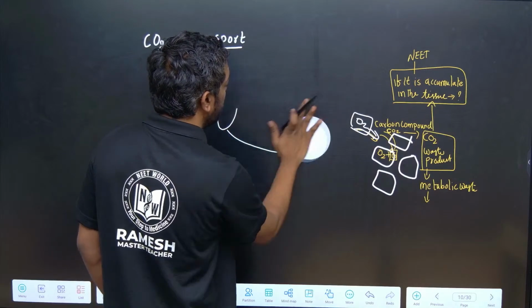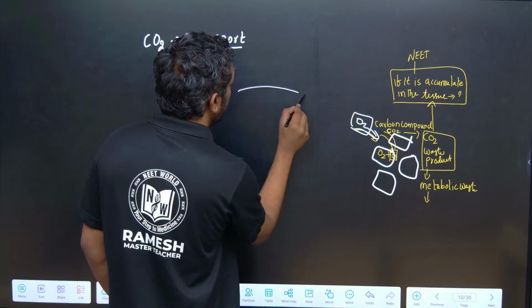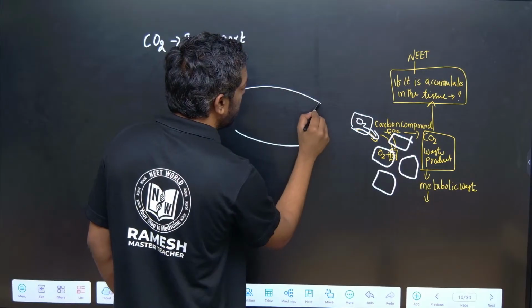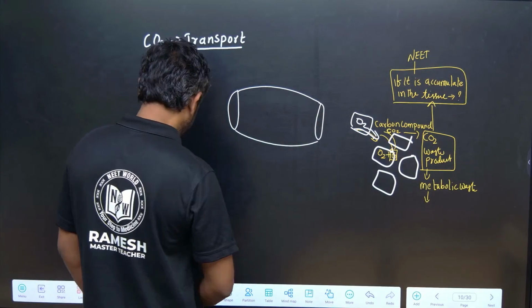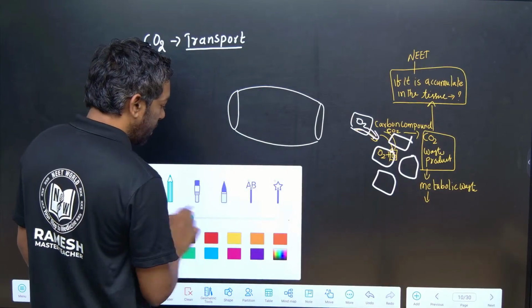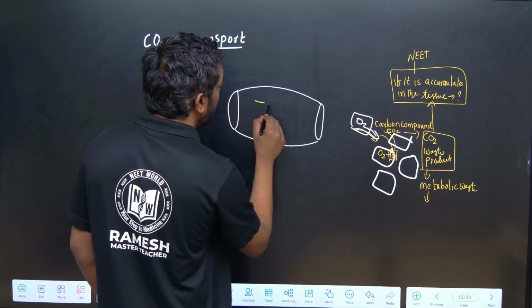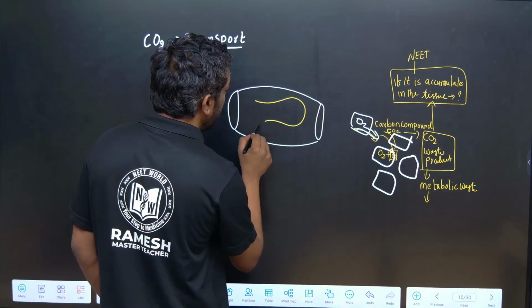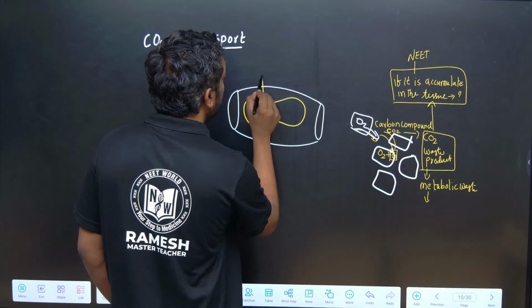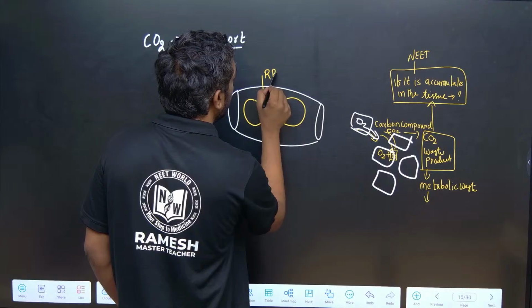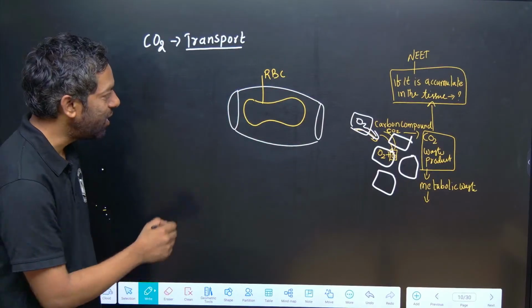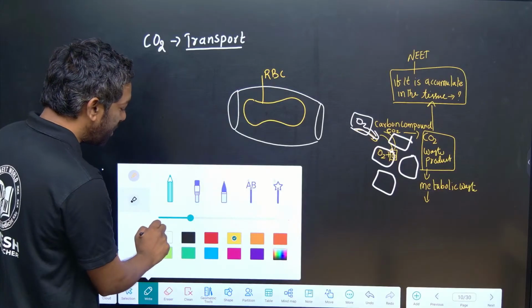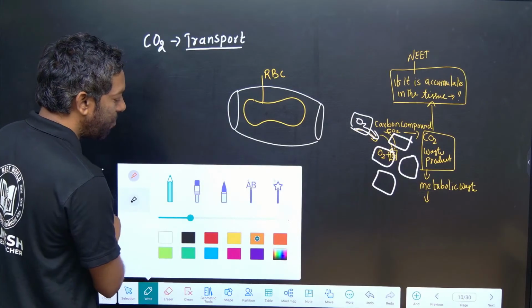Of course, I'm going to write. Blood vessel. There is hemoglobin in the blood vessel, in the RBC, which carries oxygen. In the RBC there is a pigment which carries oxygen.